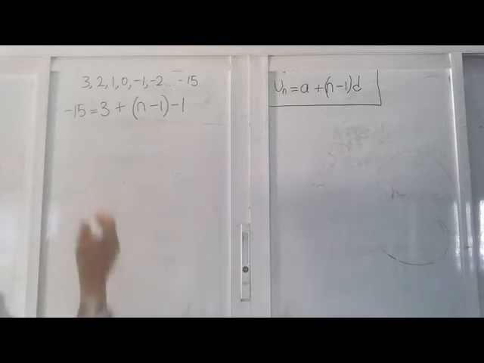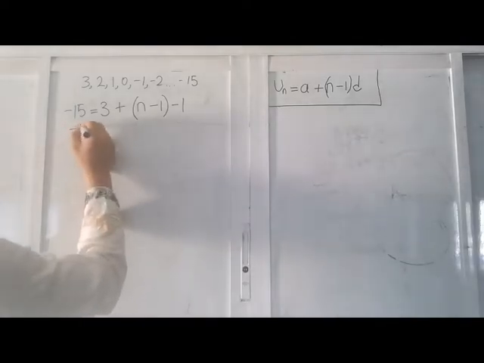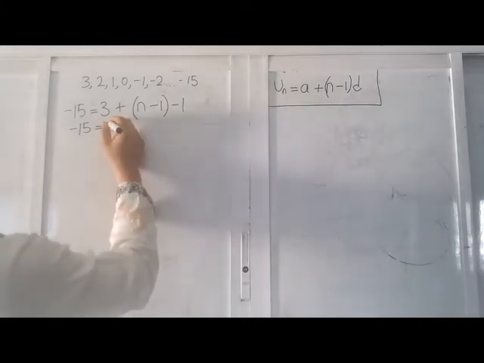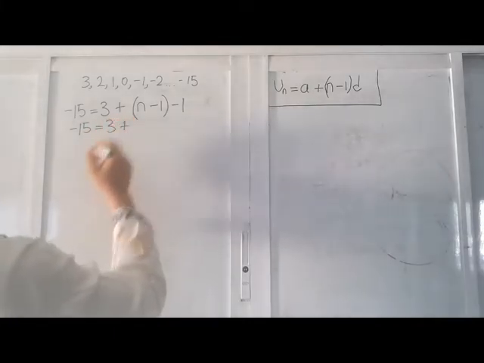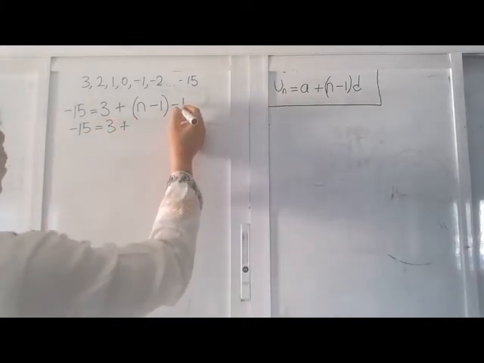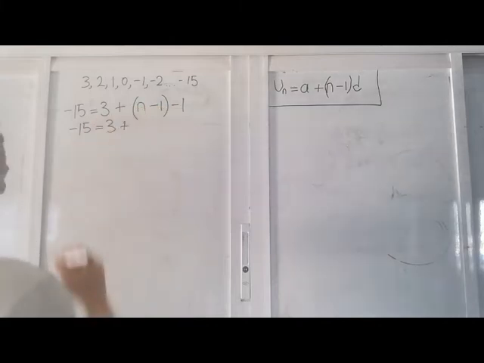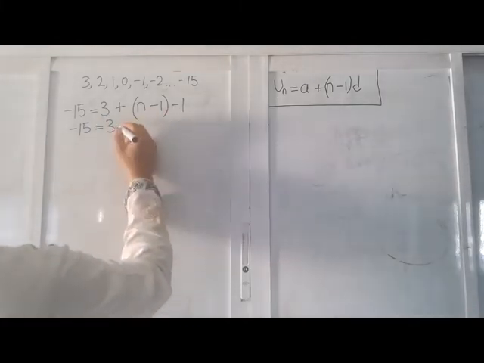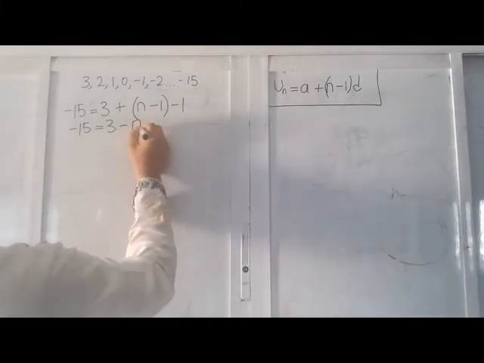So the next line will be minus 15 equal to 3 plus minus 1 times n, which will give us minus n.